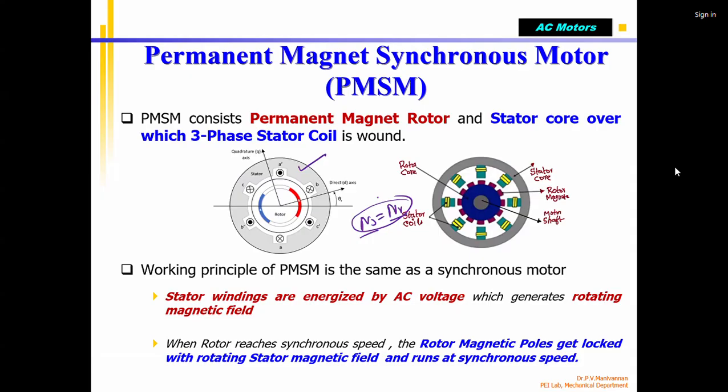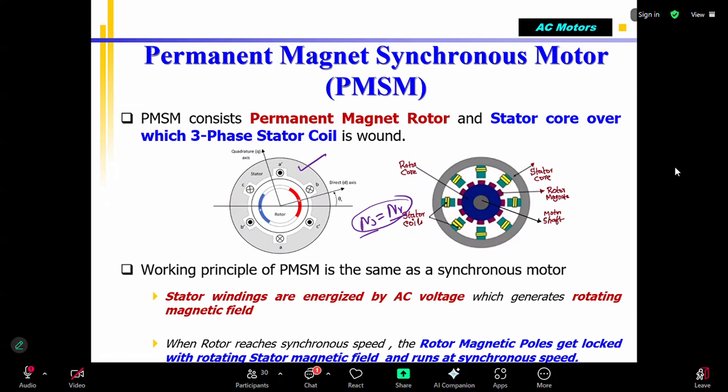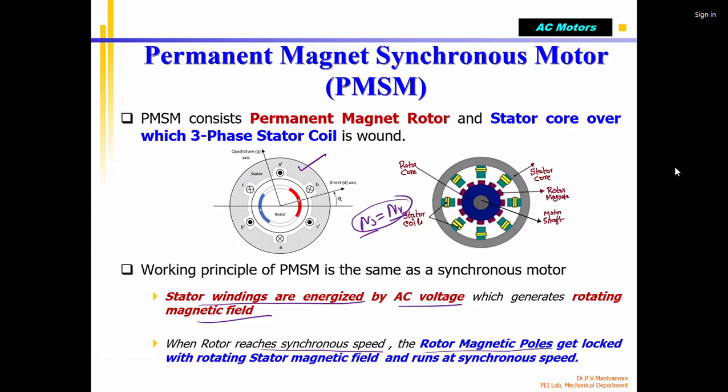After that, if you change the frequency, the rotor speed will change. Ns will change, automatically this happens. So it is energized by AC, with a rotating magnet. The rotor reaches synchronous speed by external means, and the rotor magnet will get locked with the rotating stator field at synchronous speed. After that, you can remove the external means.